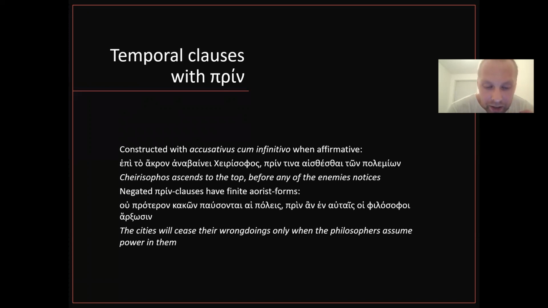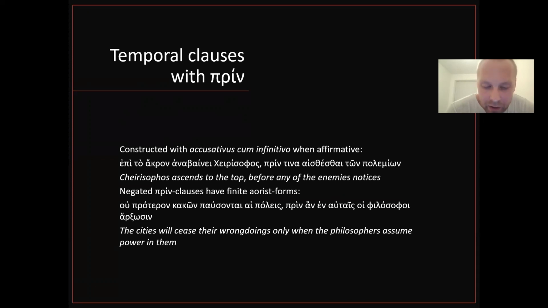Epi to akron anabaine Cheirisophos prin tina aisthesthai ton polemion, which could be translated as Cheirisophos ascends to the top before any of the enemies notices. So here, as we can see, the present medial infinitive aisthesthai functions as the predicate of the clause, while the indefinite pronoun tina in the accusative singular functions as the subject.